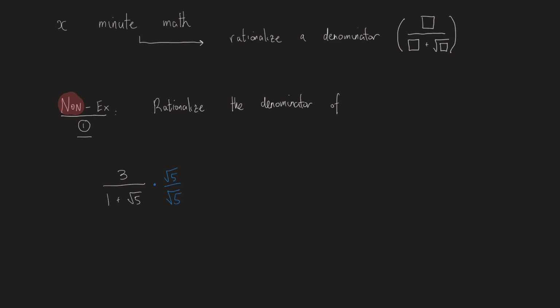I think I'm being clever and rewriting this without changing the value. Let's see what happens. I end up with 3 root 5 in the numerator. And downstairs, I'm going to have to distribute. I get 1 plus root 5, the original denominator, multiplied by root 5 from the other fraction. The numerator stays 3 root 5, but in the denominator, when I distribute, I'll get root 5 plus root 5 times root 5.